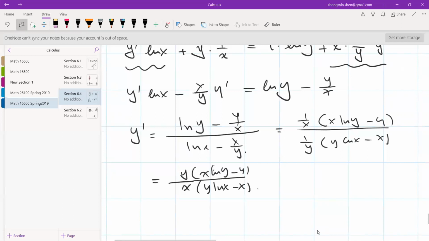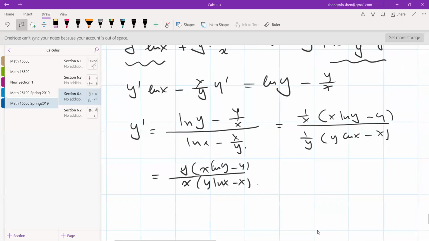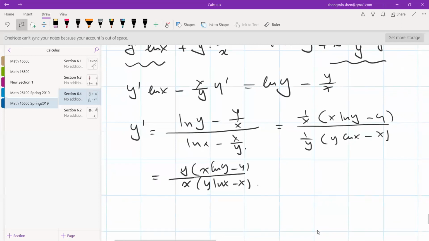Okay, so this is the derivative. It's implicit differentiation, so I don't think we are able to express it in terms of x. We're not able to solve for y in terms of x.